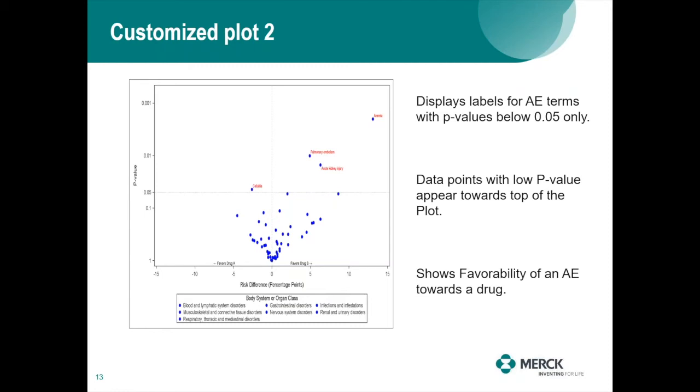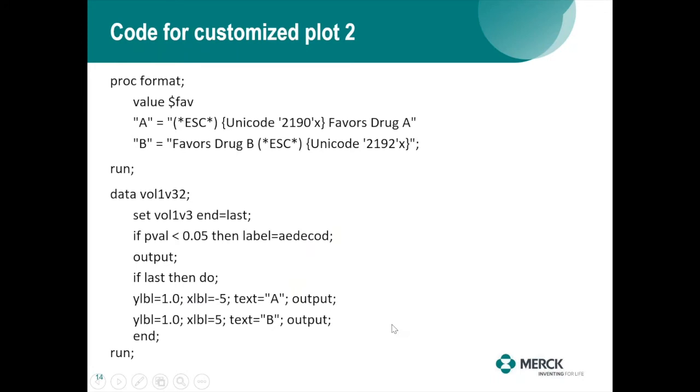Data points with low p-values, which are highly significant, will appear towards the top of the plot, and those AEs are our point of interest in safety evaluation. In this part I applied a few formats, and also applied the cutoff for the p-value to display in the graph.